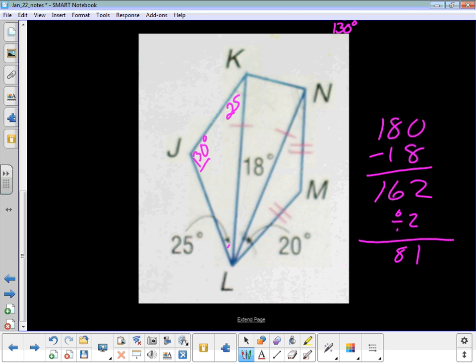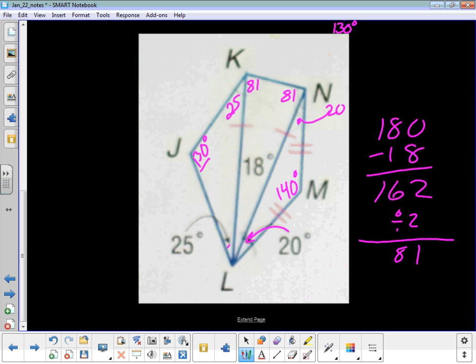So each of these angles here is an 81 degree angle. Now let's look at the small one, triangle LMN. We're also told that it is isosceles, and we've got a 20 degree angle right down here at the bottom, which means I have a 20 degree angle right here at the top. 20 and 20 is 40, and 180 minus 40 gives us a 140 degree angle.